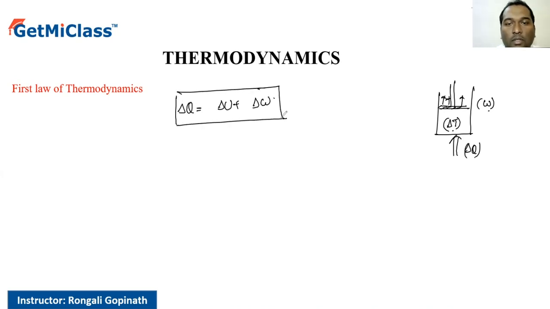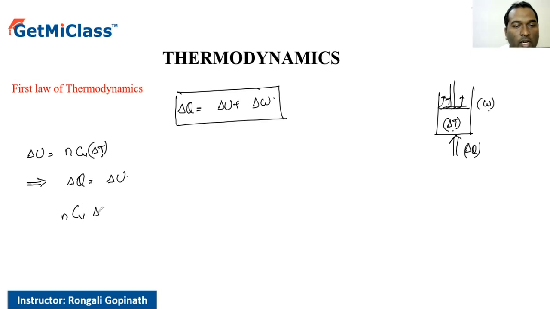right? And delta U is always n Cv delta T. How? Let's take an isochoric process. If it is an isochoric process, delta W is 0, which implies delta Q is always delta U. But what is delta Q in an isochoric process?